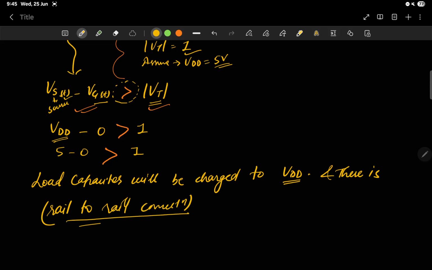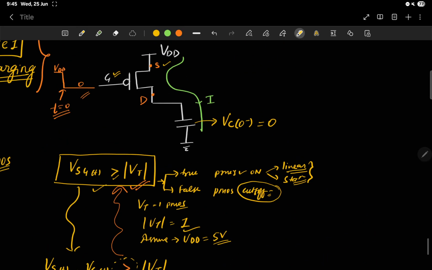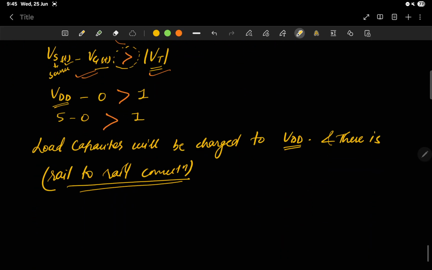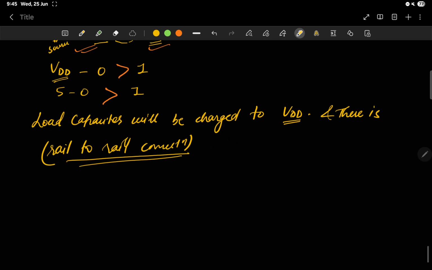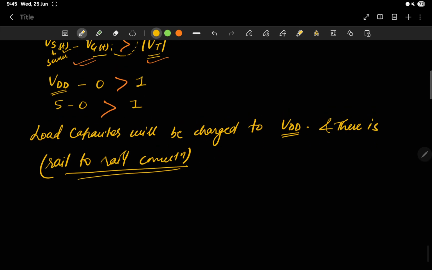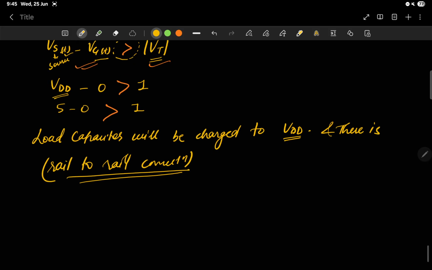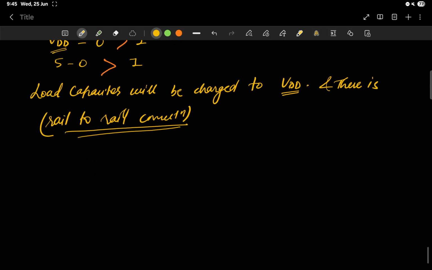What does rail to rail mean? It means this is acting as a switch. As soon as this is closed, rail to rail is connected, like VDD and ground are connected, and in between them my capacitor is there. So my capacitor will charge to VDD. This is what I mean by rail to rail. So we can say my PMOS can be used for charging. There is no problem.